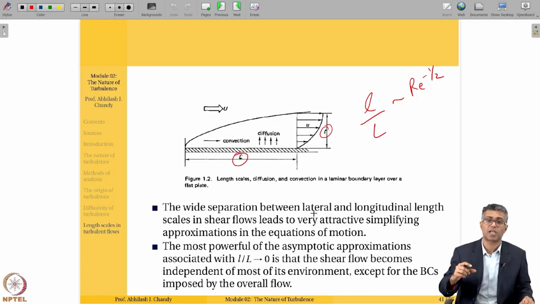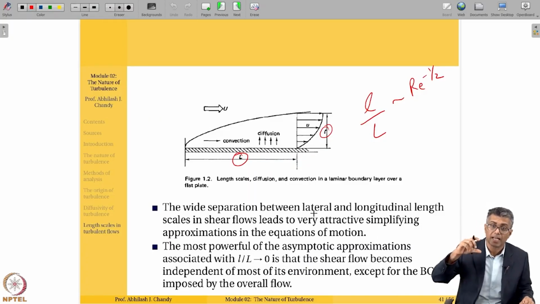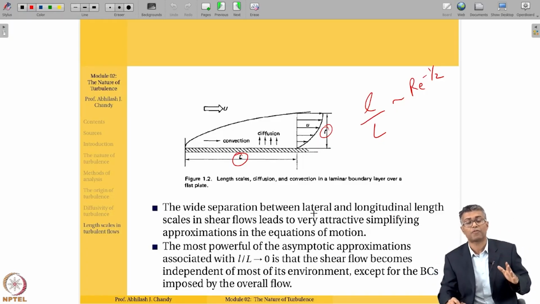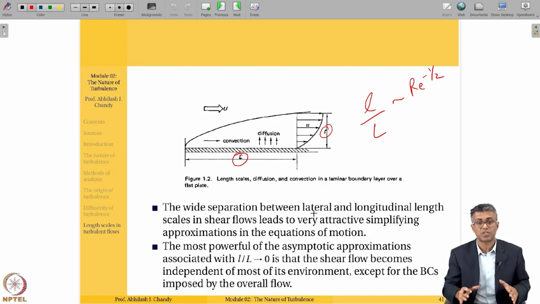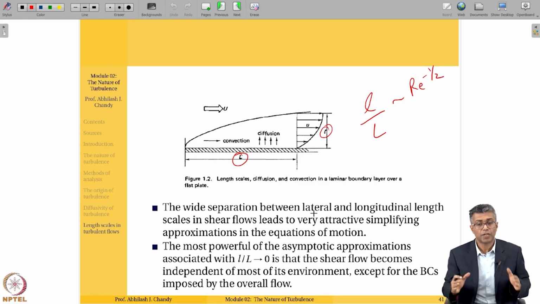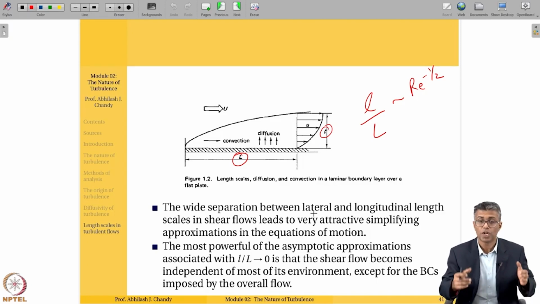And the diffusive length scale is the one across the surface, and it represents the diffusion of momentum away from the surface. Both of these exist for laminar and turbulent flow. It's just that the ratio is different when you have it for laminar and turbulent flow.